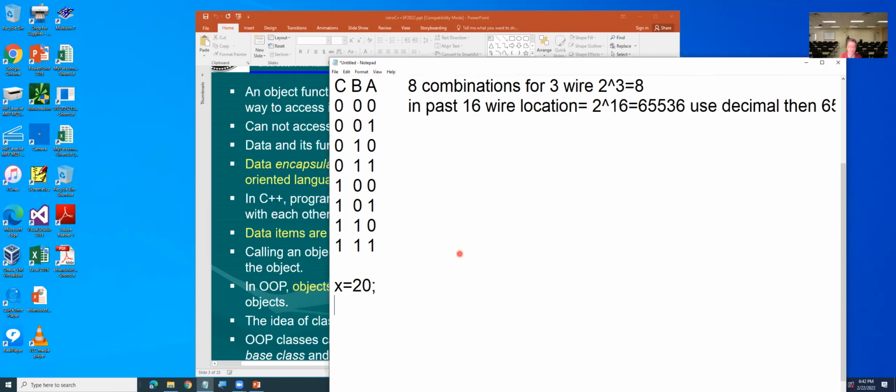The computer will be asking you, they don't know what X is. So at the beginning, you have to make what they call a declaration.